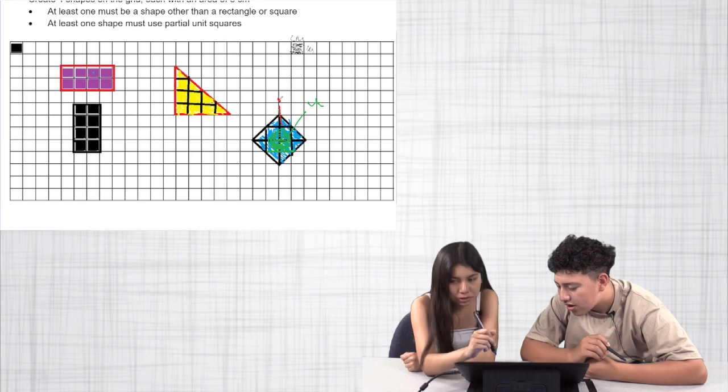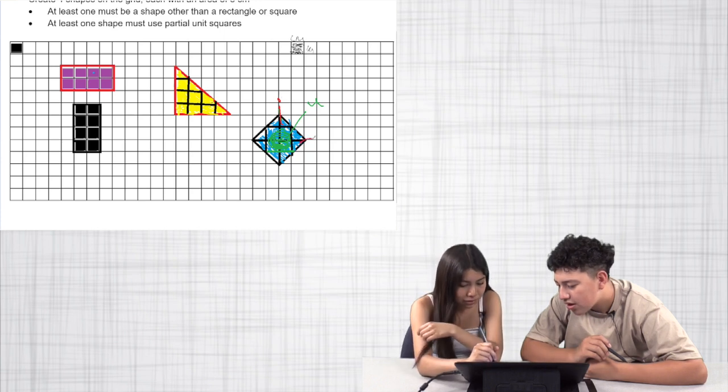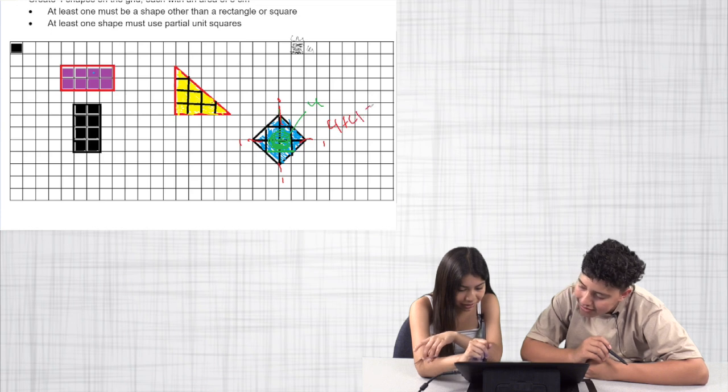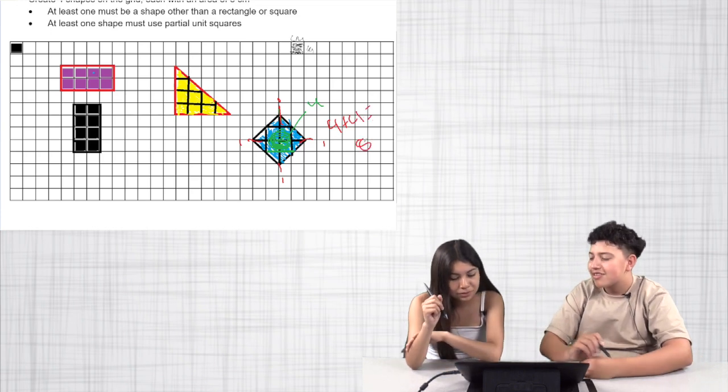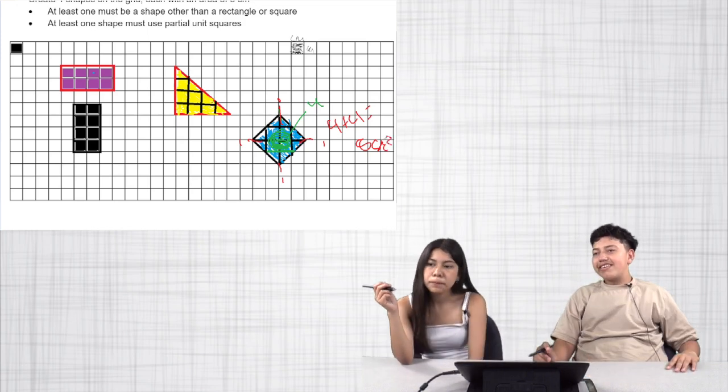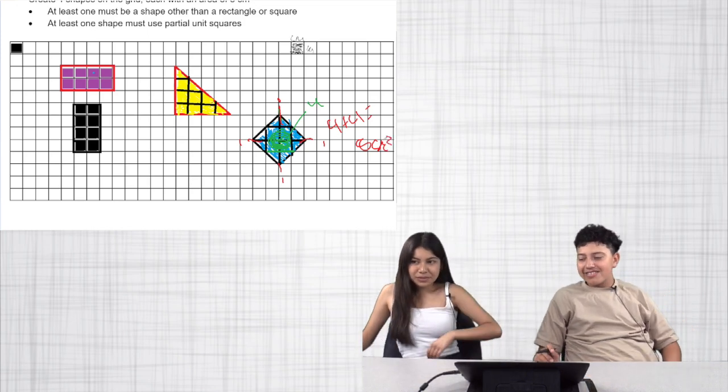That's 1. 2 halves is 1. This also makes 1. 1 and 1. Those are 4. Plus 4 equals 8. Oh, cool. And what unit is it? Centimeters squared. Excellent. Wow, you did it!